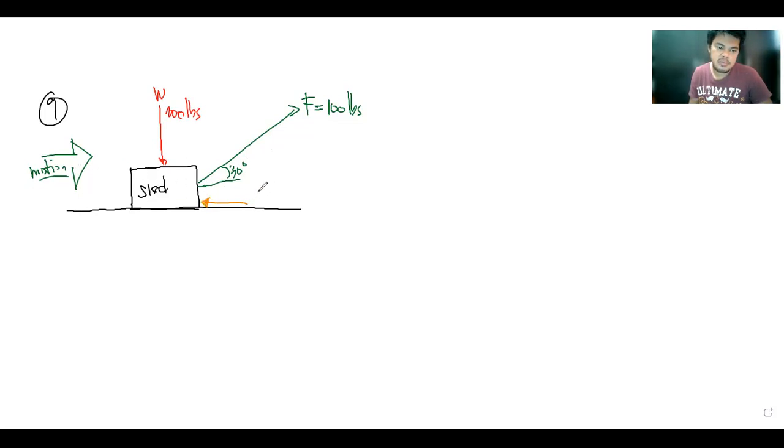This would be the friction force, F, and we also have the normal force, which is perpendicular to the surface. If we do summation of forces along y, that is equal to 0.